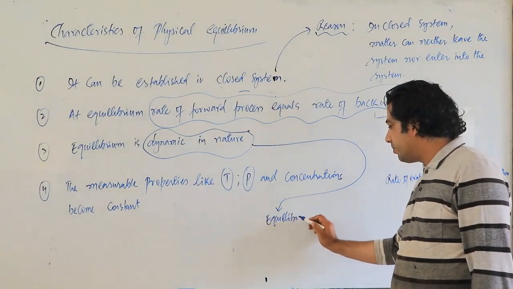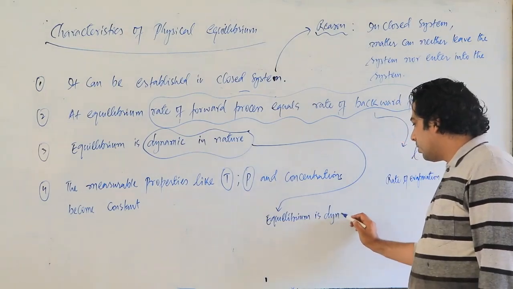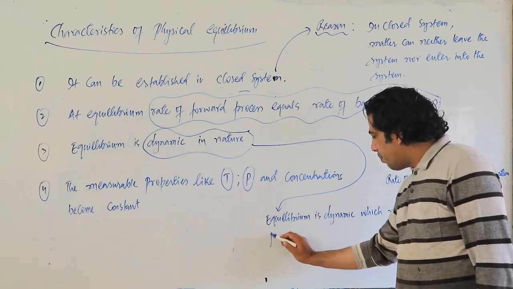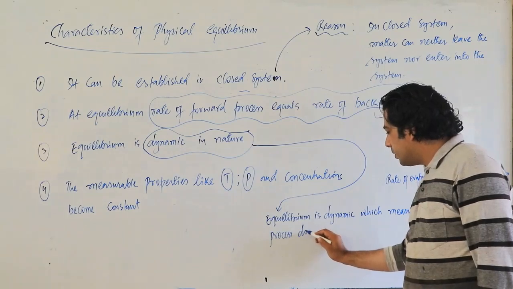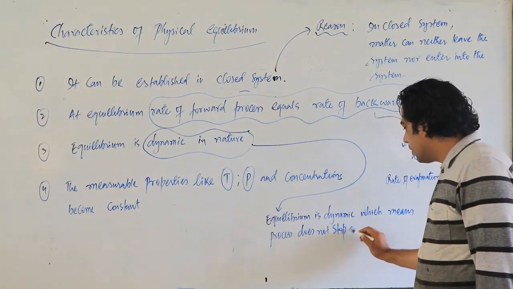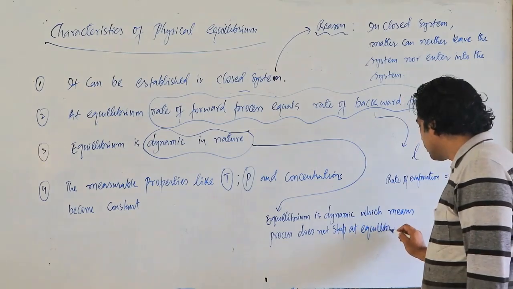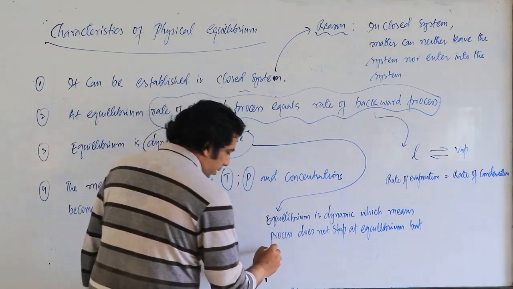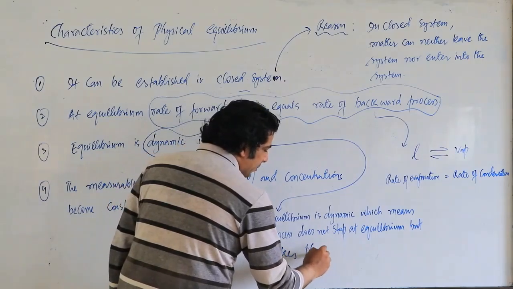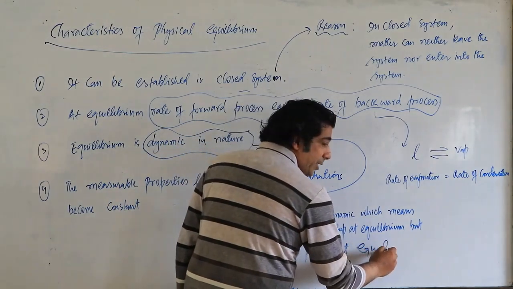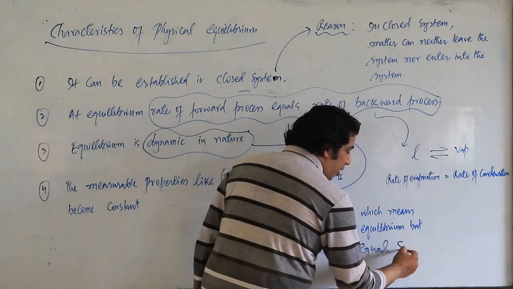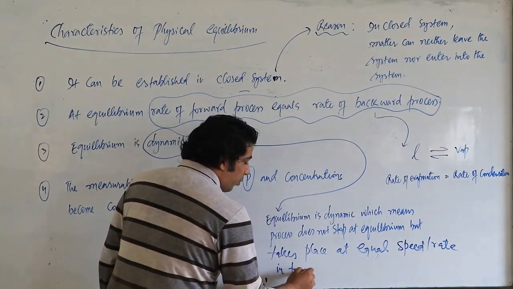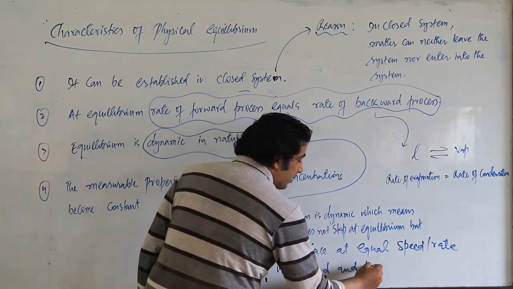Equilibrium is dynamic, which means the process does not stop at equilibrium, but takes place at equal rate or equal speed in forward and backward directions.